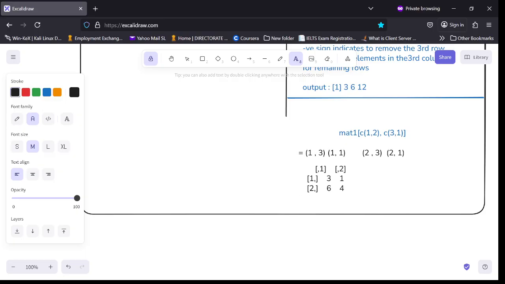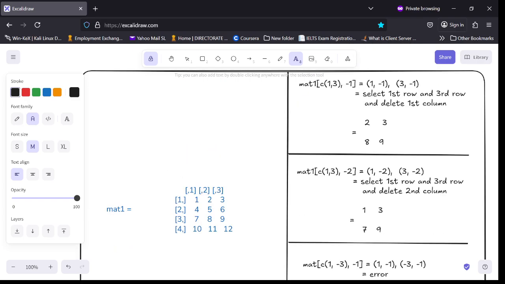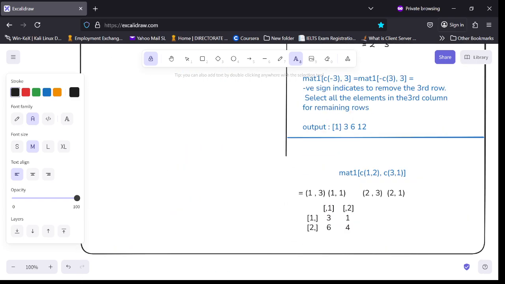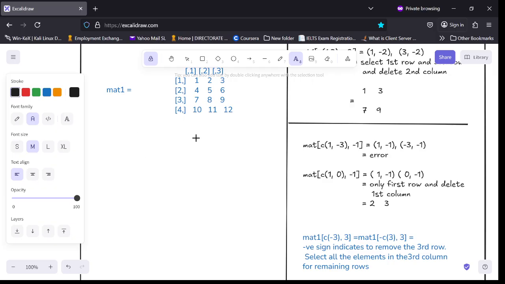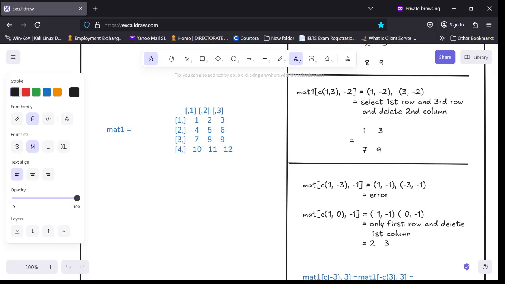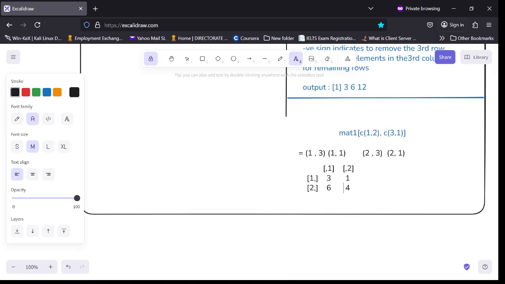So 1, 3, 1, 1, and 2, 3, 2, 1. 2, 3 is 6 and 2, 1 is 4.